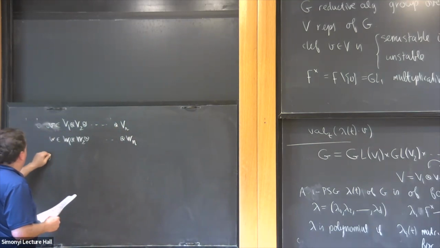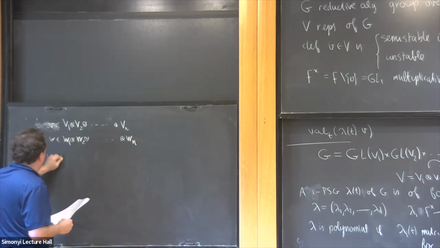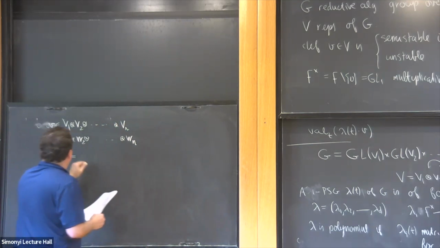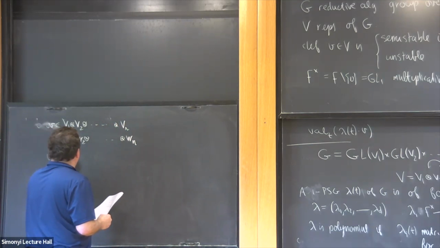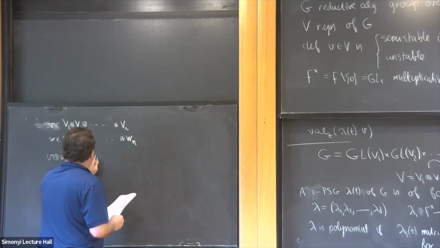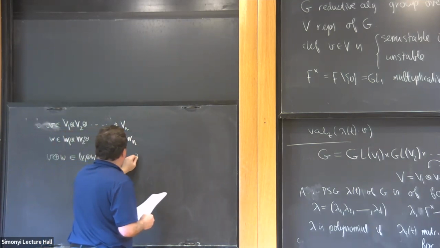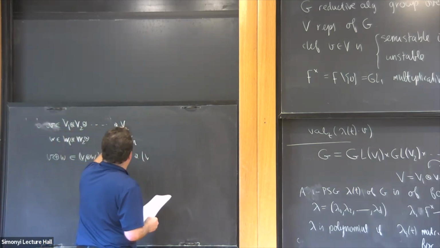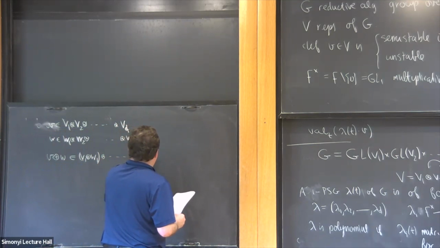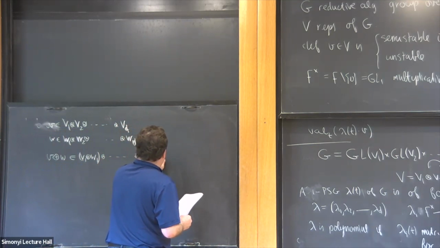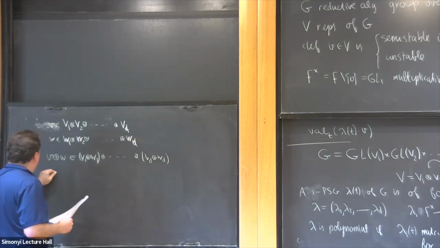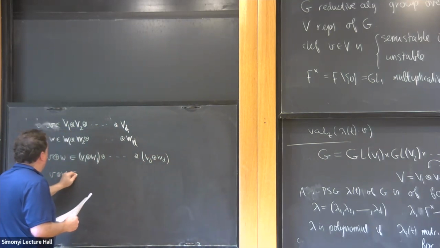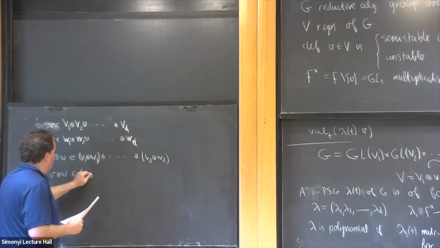Then we can take the direct sum, which is a tensor in V1 plus W1 tensor, oh sorry, this is D, VD plus WD.